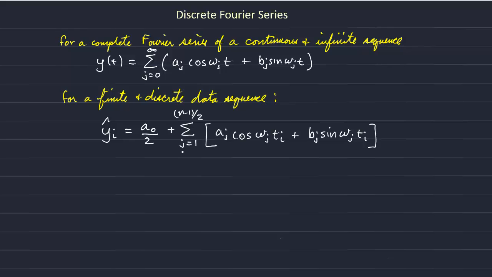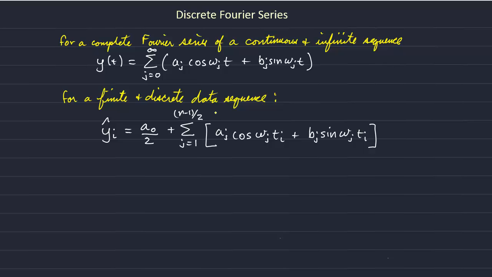So we're summing over the different harmonics to get each value of y, or our approximate value of y, at the ith value of t and y.